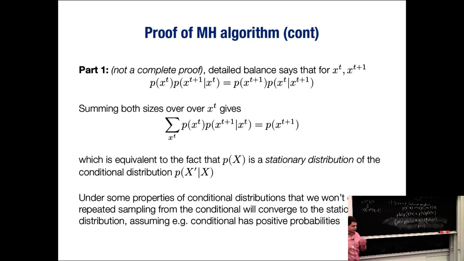Again, these are two different p's, and that's important. One is the transition probability, one is the distribution we're after. And all I'm showing here is that if I do that, this side is just my distribution for my next state, and I've shown that it actually ends up being the thing that we're after anyway.